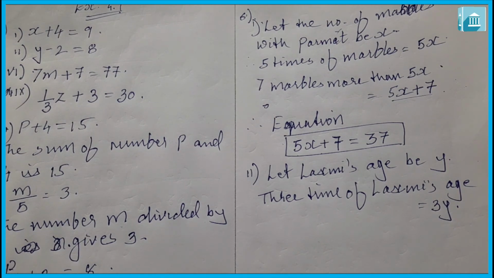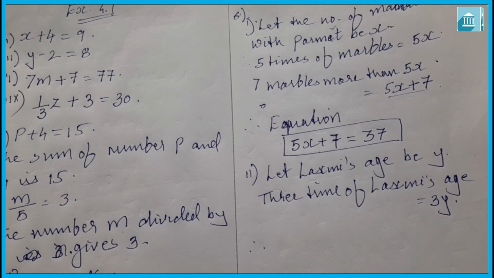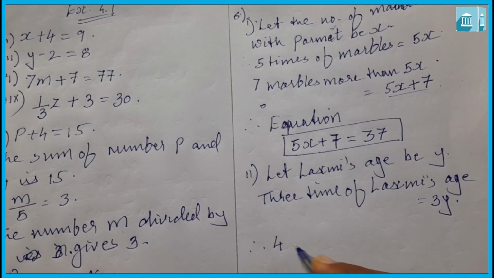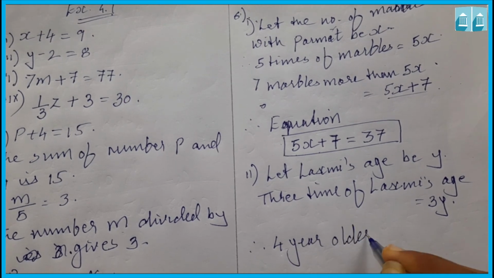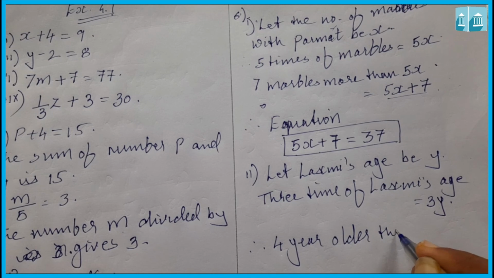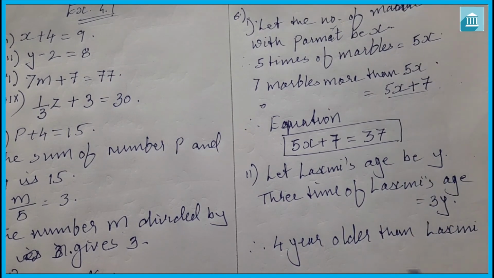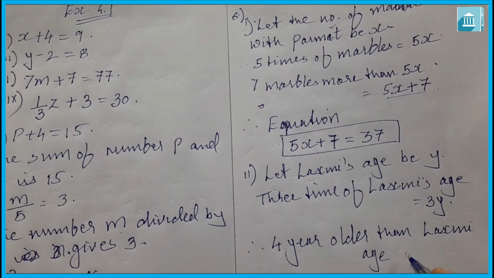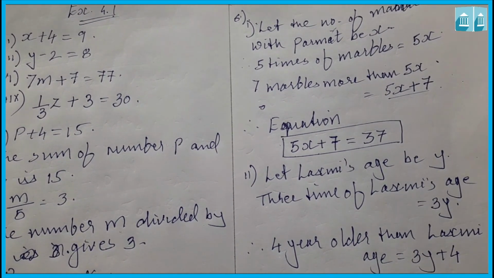Now it also says that he is 4 years older, so we can write 4 years older than 3 times Lakshmi's age is equal to 3y plus 4.